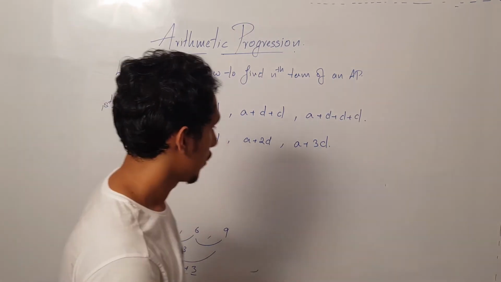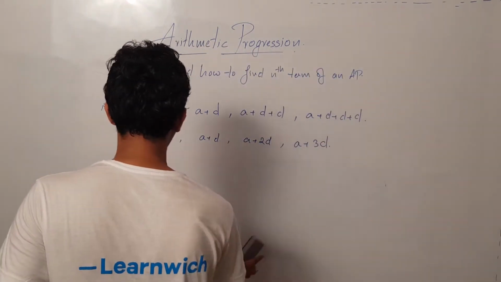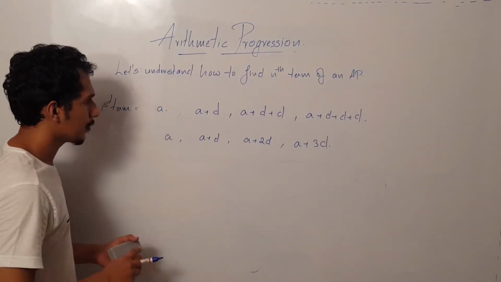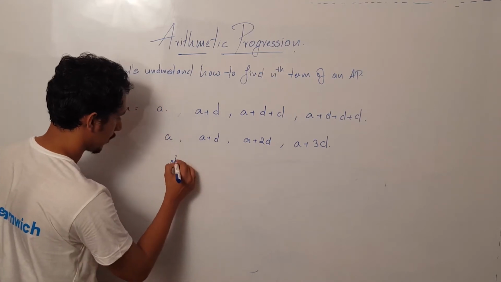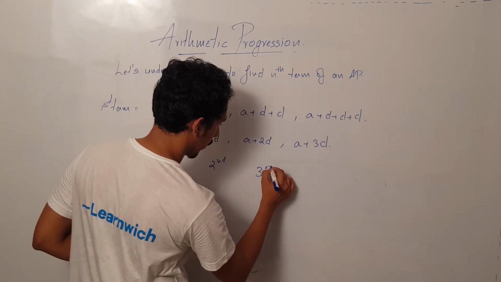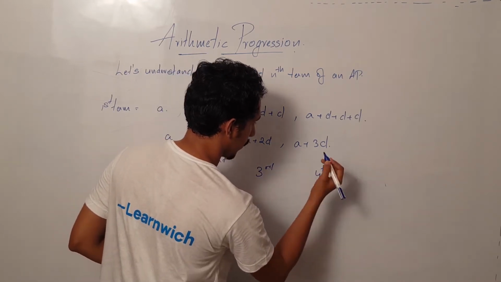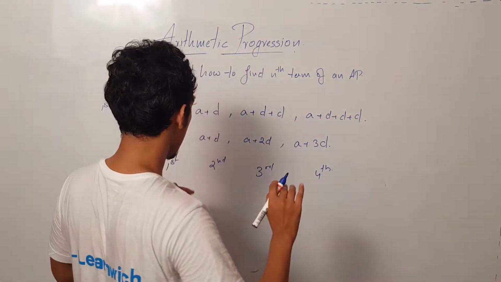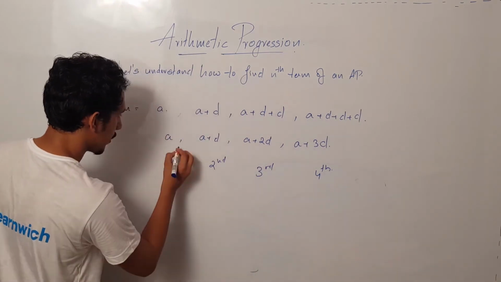I'm going to write it as the first number, second number, third number, and the fourth number. Watch, there is no D here.